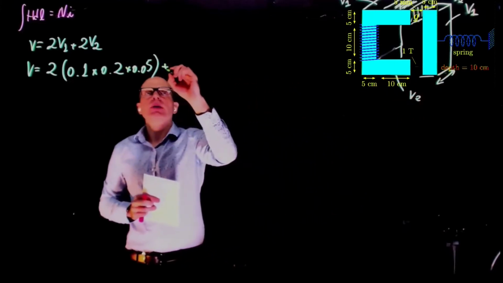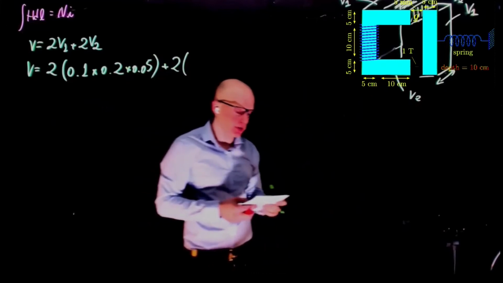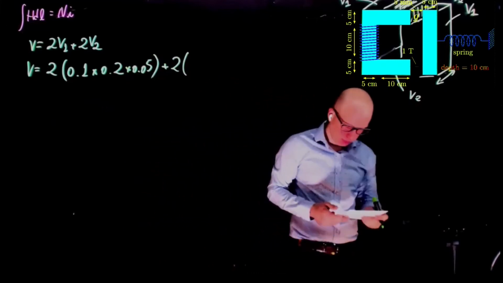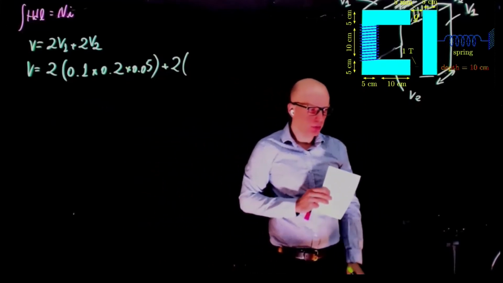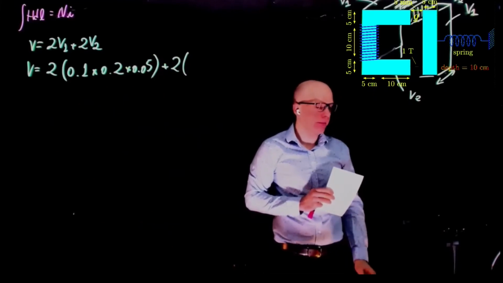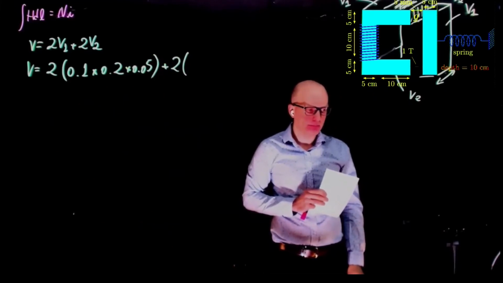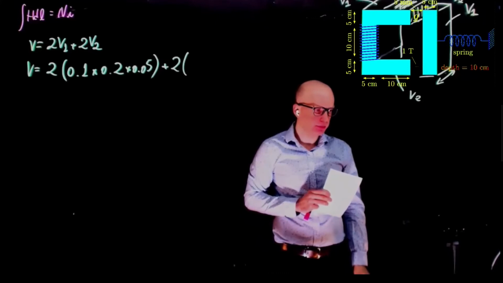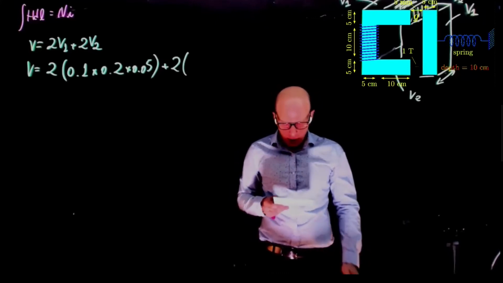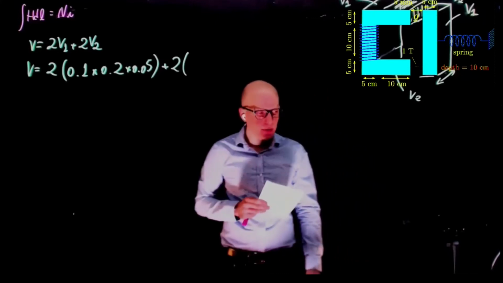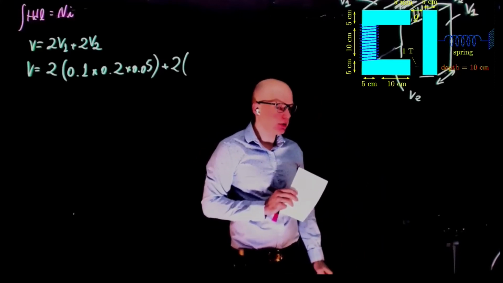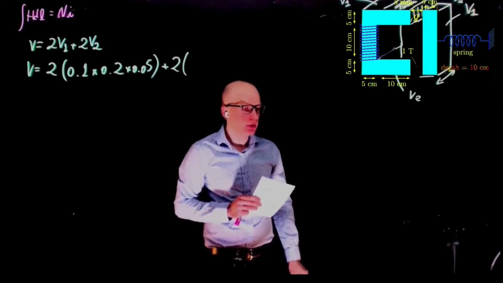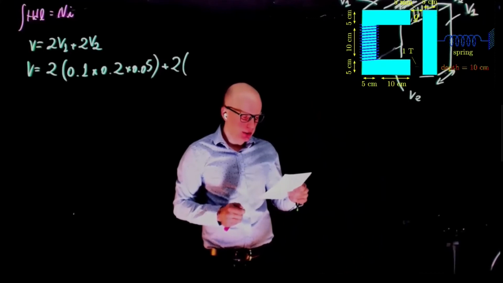Okay, plus 2 times. Now tell me what V2 is. What is volume V2? Is it 10 times 10 times 5? 10 times 10 times 5 millimeters? Centimeters, sorry. Yes, you're right.